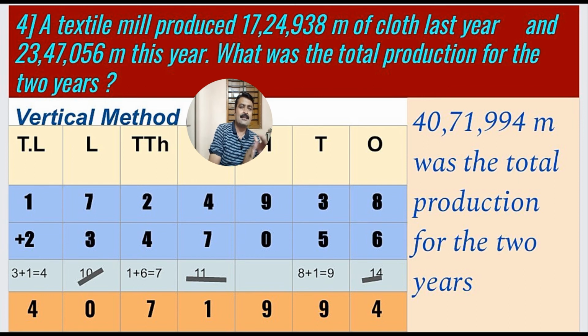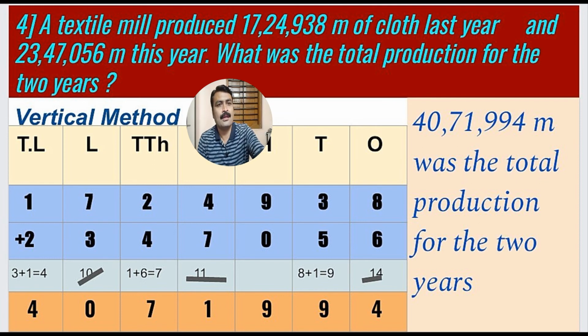That is, 40,71,994 meter was the total production for the 2 years. So this is the answer for our fourth example given in our problem set.